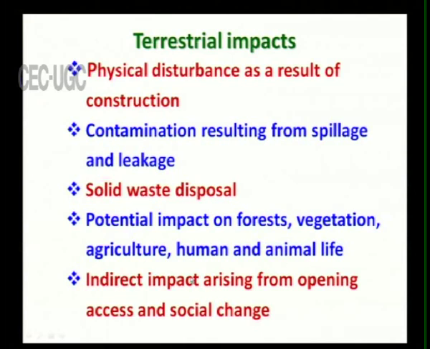and the indirect impact arising from opening access and social change, because it is affecting the society also. So, once a particular place is chosen for the oil exploration, then naturally the people have to be vacated, and therefore it is causing enormous social problems also.